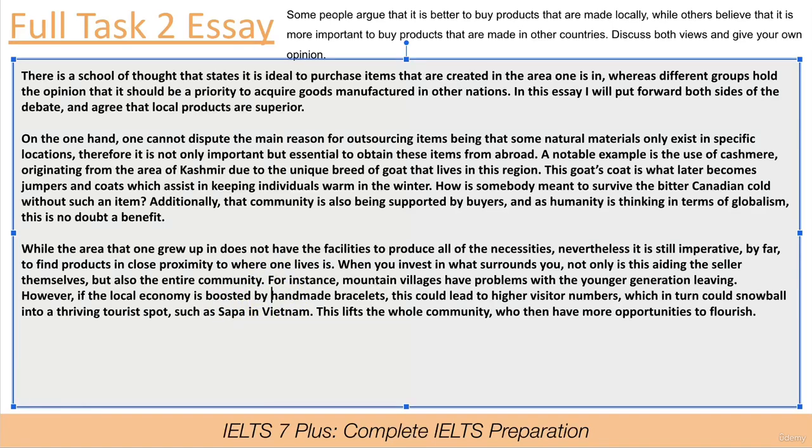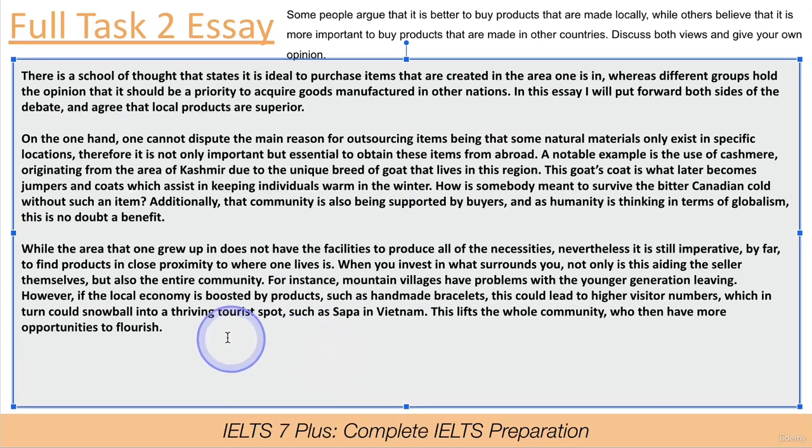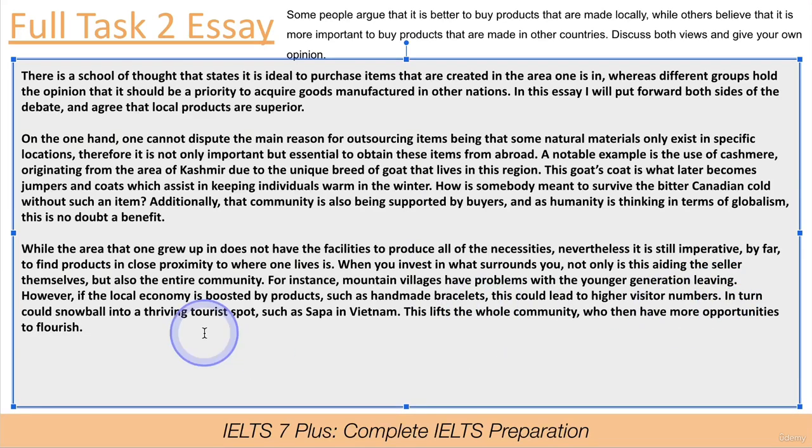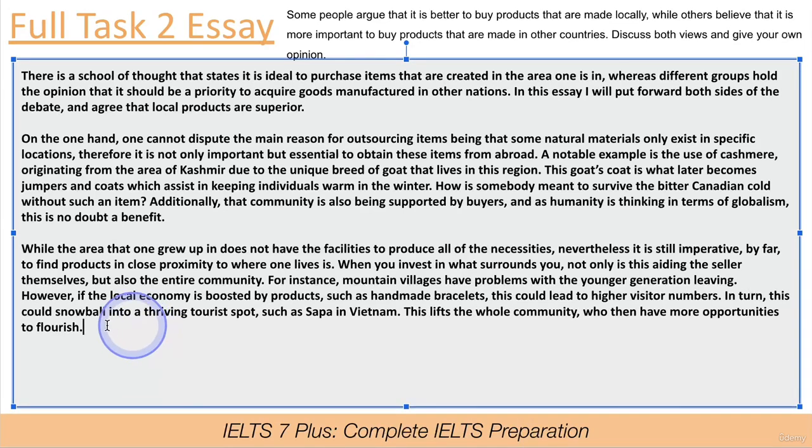Boosted by, maybe we could say products such as handmade bracelets. This could lead to higher visitor numbers. In turn, this could snowball into a thriving tourist spot. Okay, I think that's good.